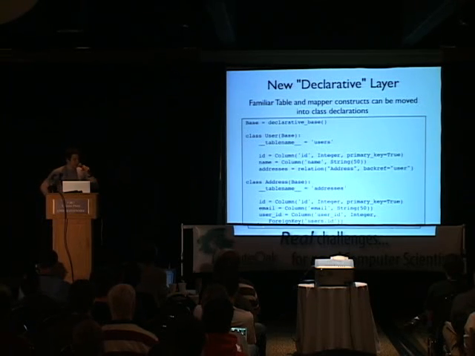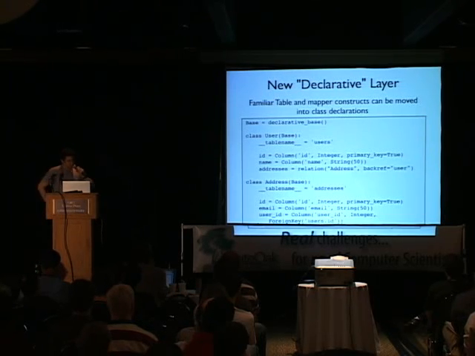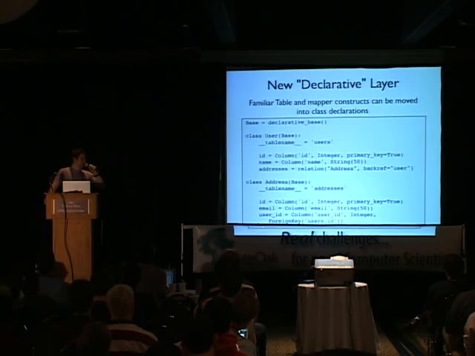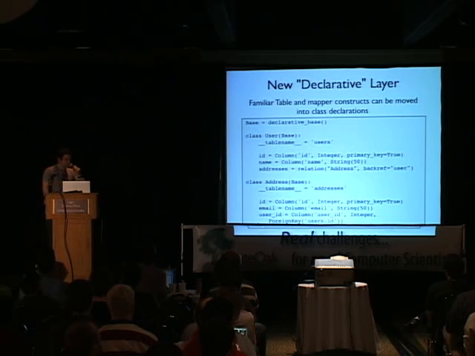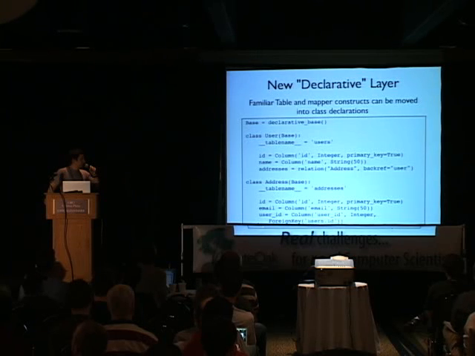Active Mapper has really kind of fallen by the wayside, and additionally kind of redefines how you think about mappings. And we really wanted there to be a layer where you still deal with the regular base SQLAlchemy constructs, schema items, mapper properties. And this is basically a small extension that lets you move the columns and the relations and everything else into your class.